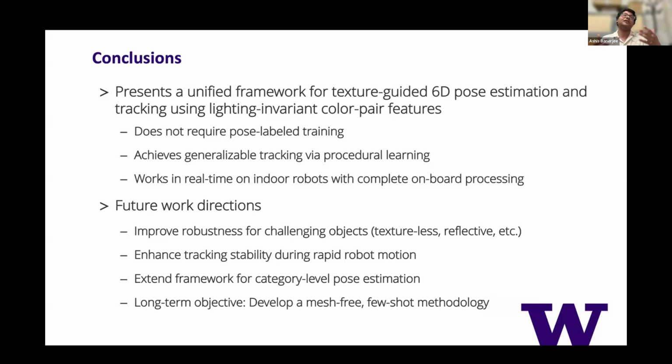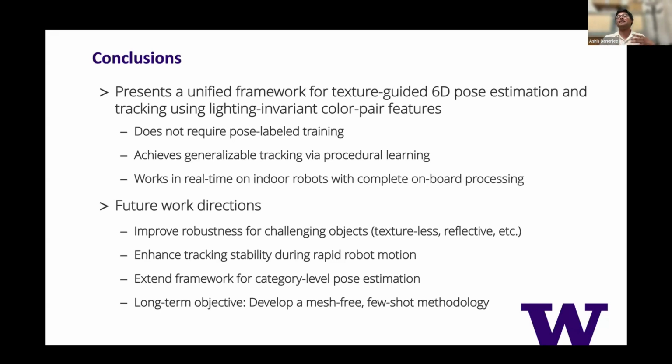There will be objects that the robot will be dealing with which will not satisfy our criteria: textureless objects, reflective objects, and other challenging cases. So we need to augment our framework to deal with those scenarios.